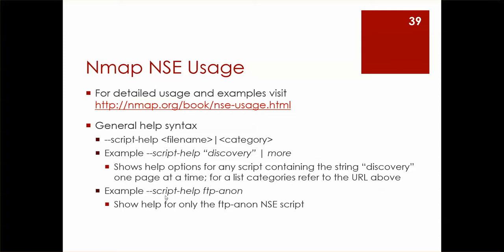If we would like to get information about a particular script, like in this case FTP anonymous login, then we can invoke this script and get help information for this particular NSE script.